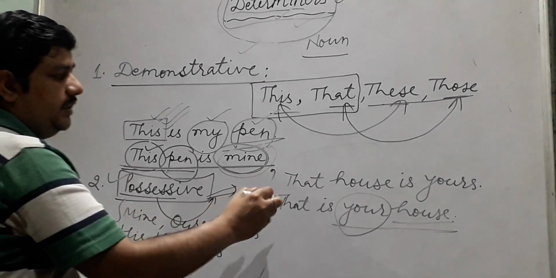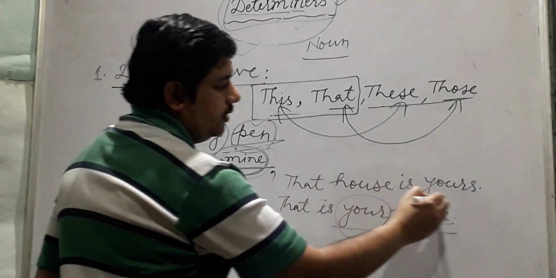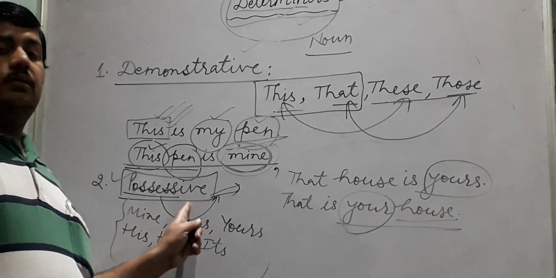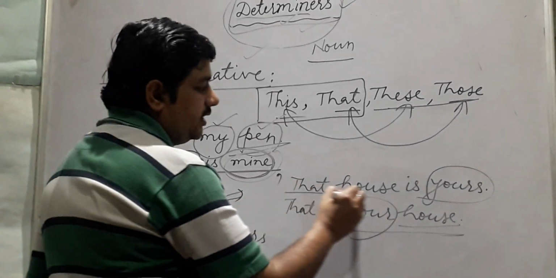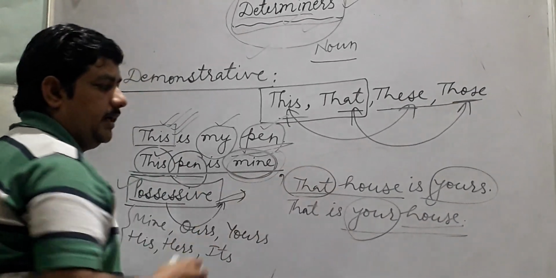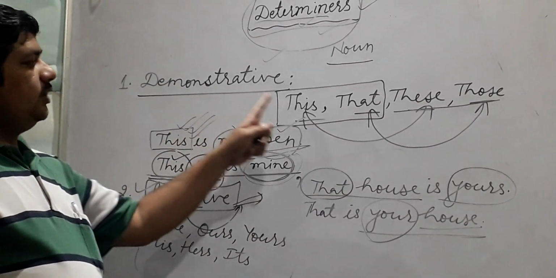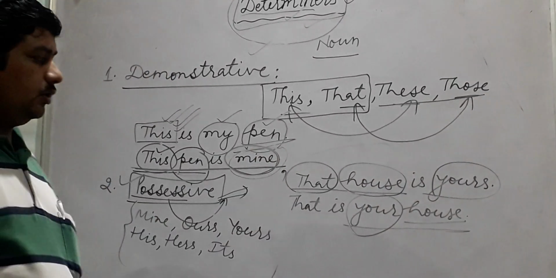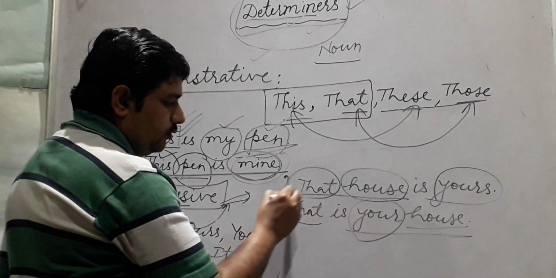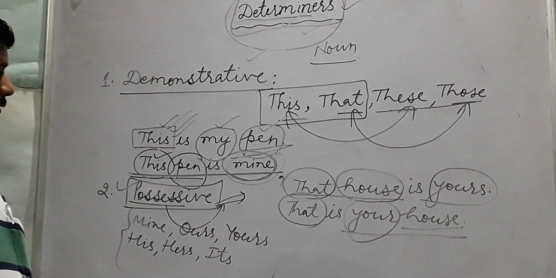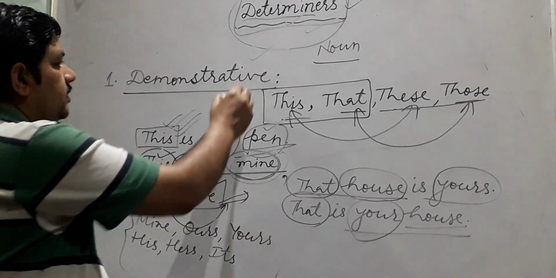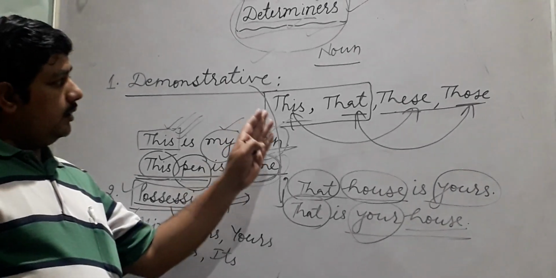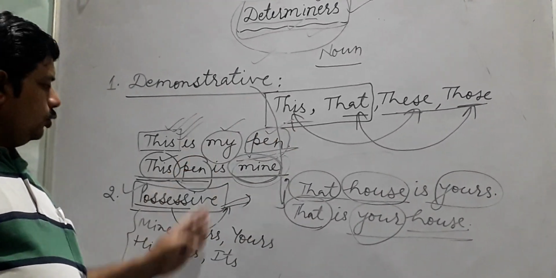But see the next sentence, that house is yours. Yours here is a possessive pronoun. In the same sentence, what is the word that? That is a demonstrative adjective, because house is used here as a noun. So these are only two types.